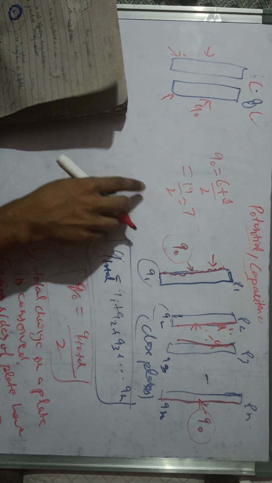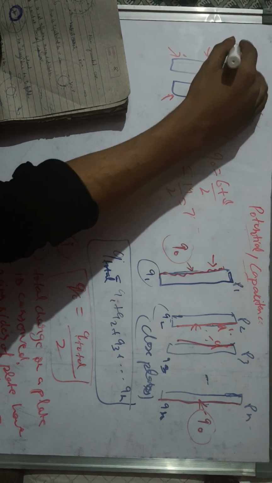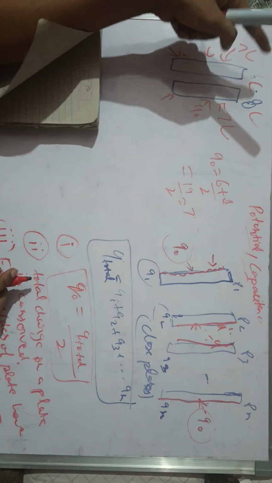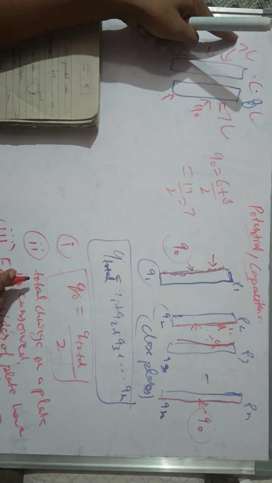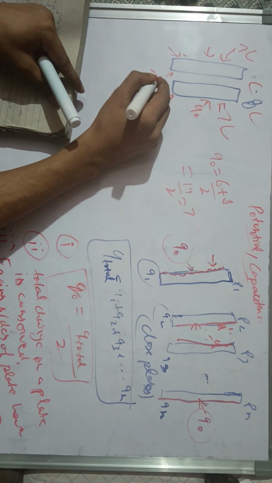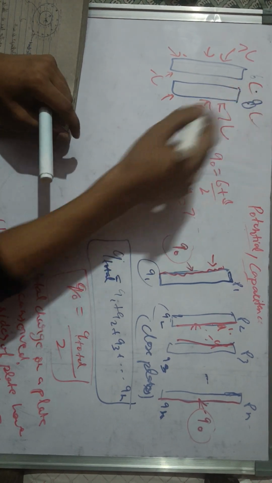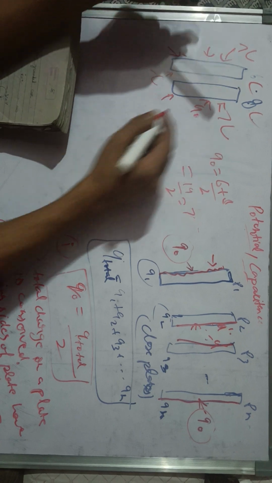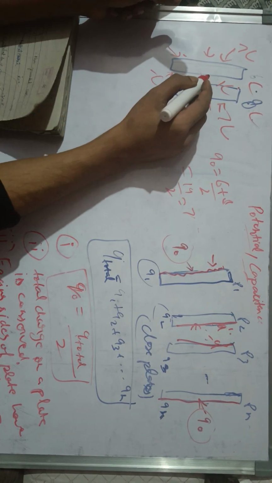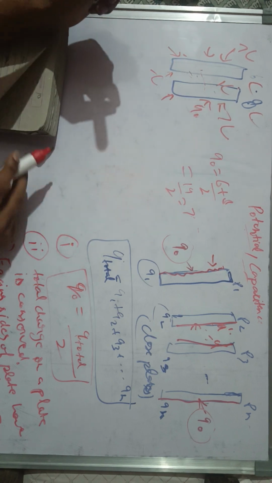So the charge at this side would be 7 coulomb, and also at this side it would be 7 coulomb. Since this is 6 coulomb and this is 7 coulomb, to conserve the charge on this body, this side must have minus 1 coulomb. Similarly, this side will have 1 coulomb. And you see that the opposite sides have equal and opposite charge, minus 1 coulomb and plus 1 coulomb.